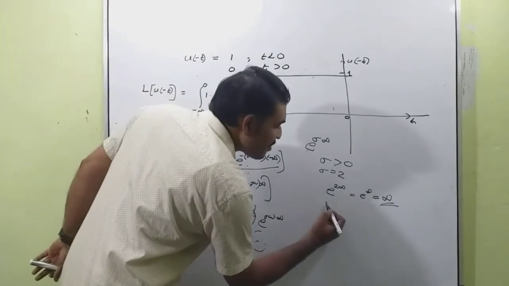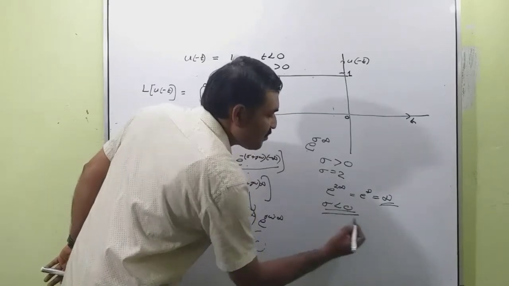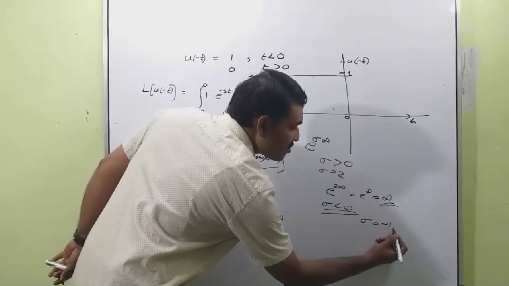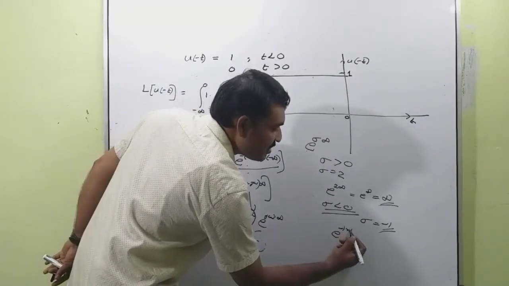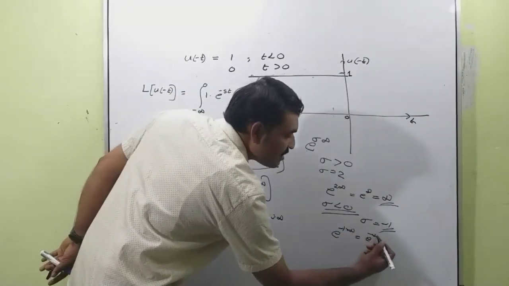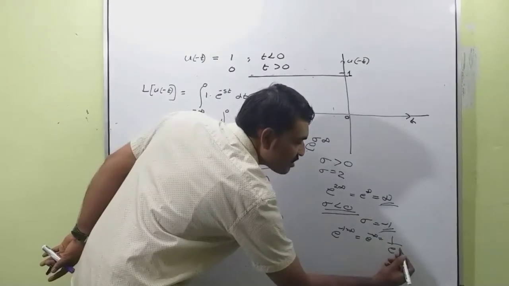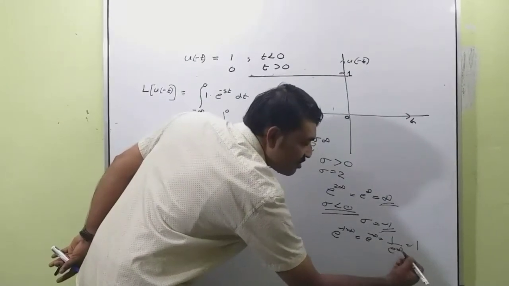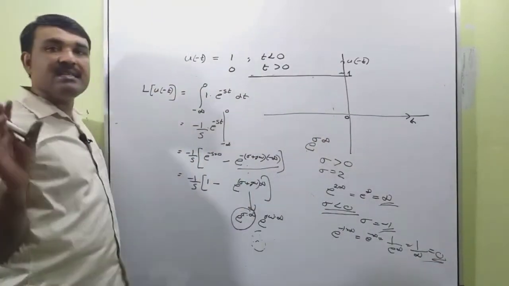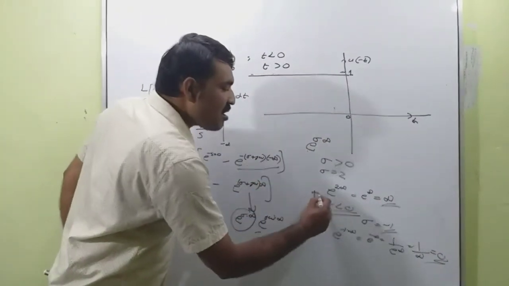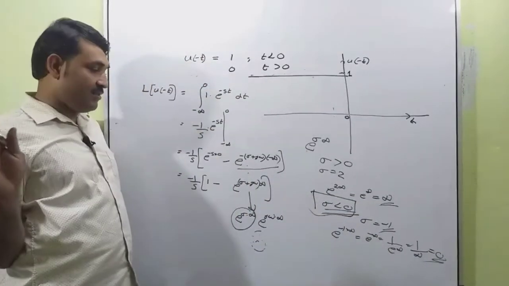So for sigma less than 0, what happens? For example, sigma is equal to minus 1. This becomes e raised to minus 1 into infinity, which is equal to e raised to minus infinity, or 1 by e raised to infinity. e raised to infinity is equal to infinity, and 1 by infinity is equal to 0. So this function is defined only when sigma is less than 0.